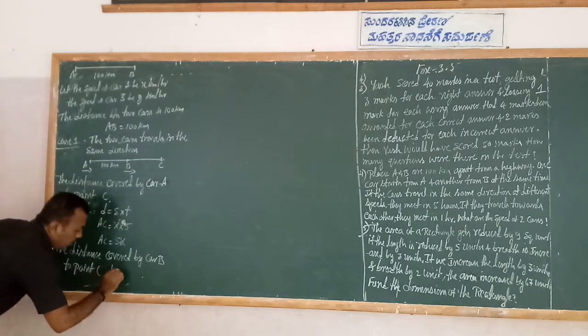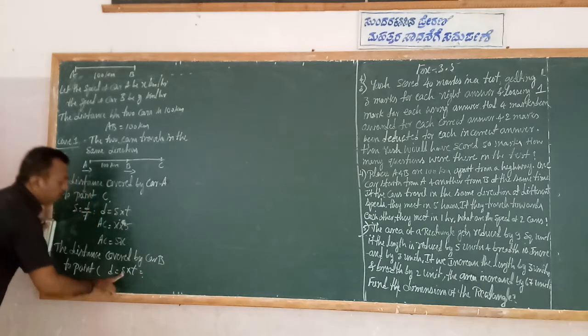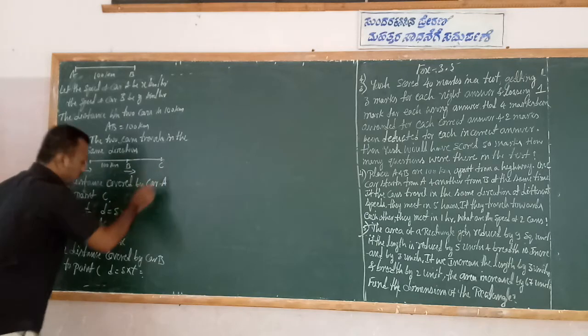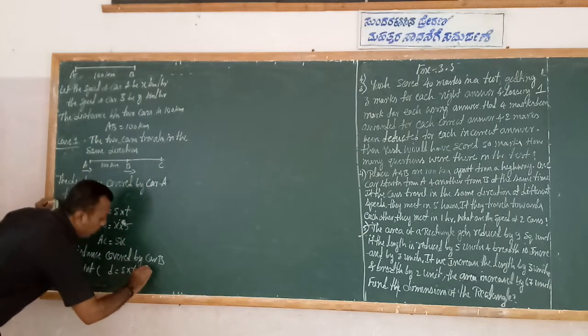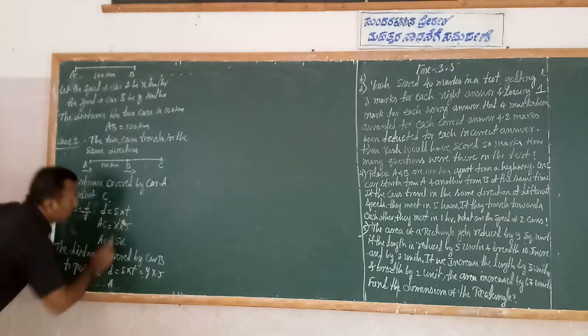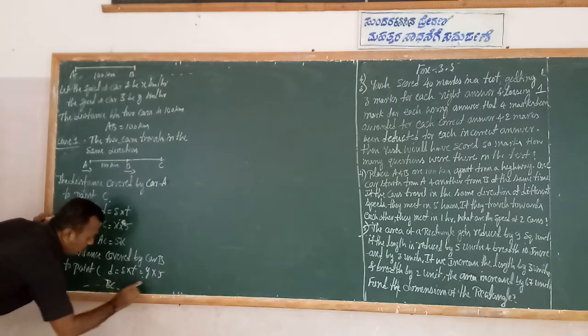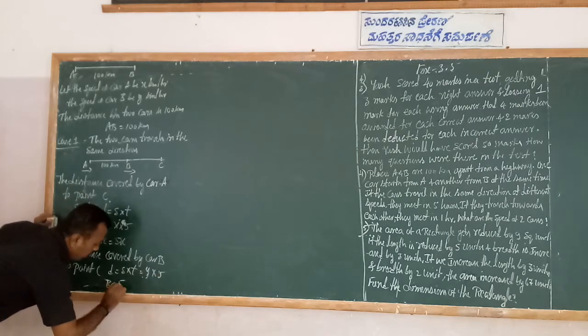Again d is equal to S into t. Therefore what is the distance? The distance is BC. What is the speed? y kilometer into time 5. Therefore the distance BC is equal to 5y.